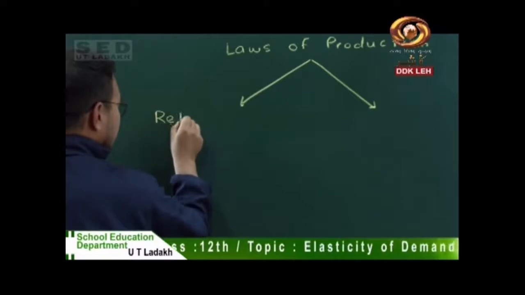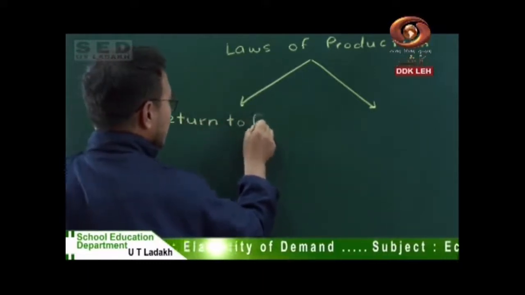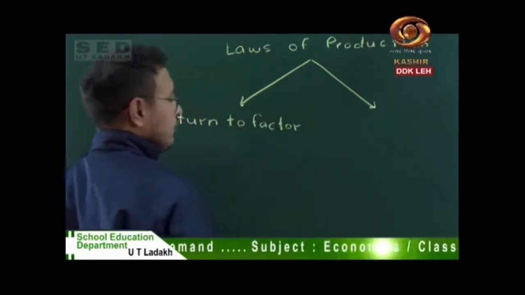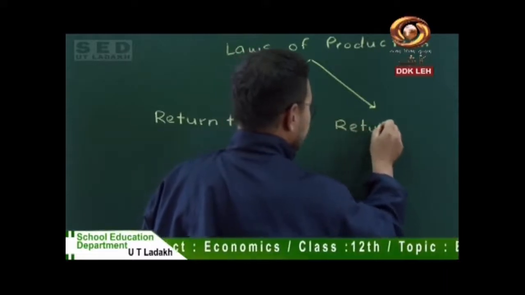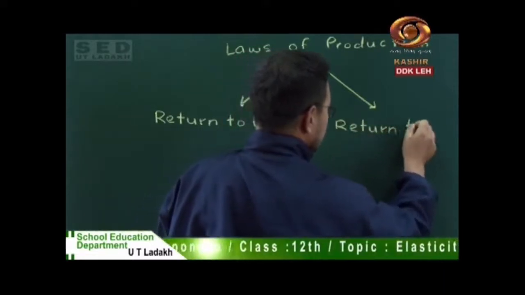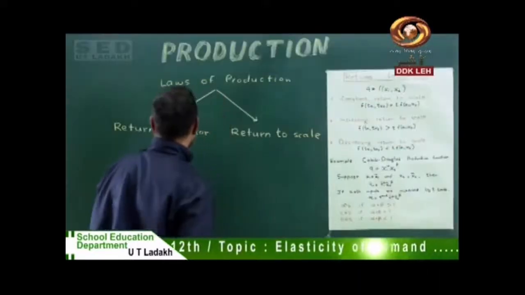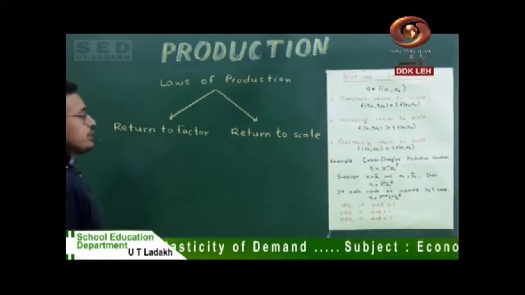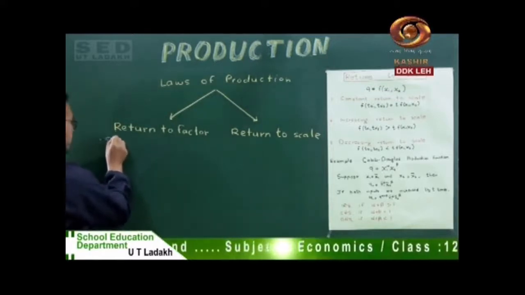One is return to factor, which we studied till now, and then there is a new concept called return to scale, which we will be doing. Return to factor determines your short run production function.